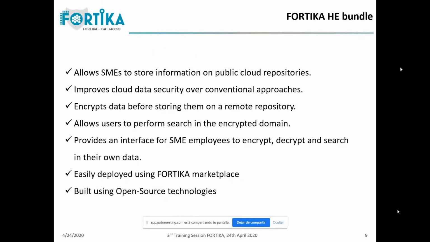The next bundle is related to the homomorphic encryption features. The main feature of this bundle is that it allows SMEs to store their information on public cloud repositories and use the information stored in the cloud in a secure way. It improves cloud data security over a conventional approach because it encrypts data before storing it on a remote repository and allows users to perform searches in the encrypted domain.